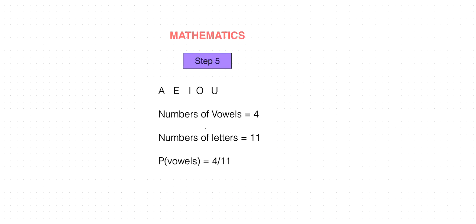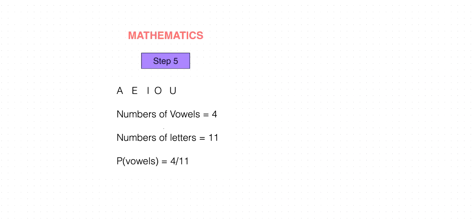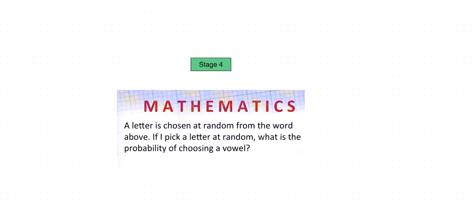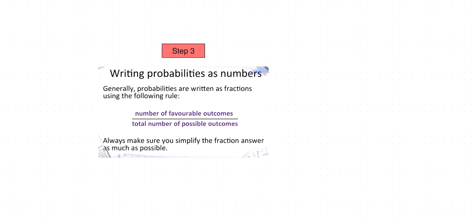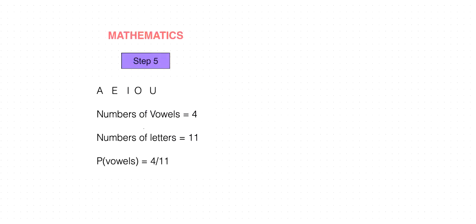So what are the 4 vowels? That's going to be my numerator, the favorable outcomes. These are the outcomes that I want to see. So the number of vowels is equal to 4. And the number of letters?